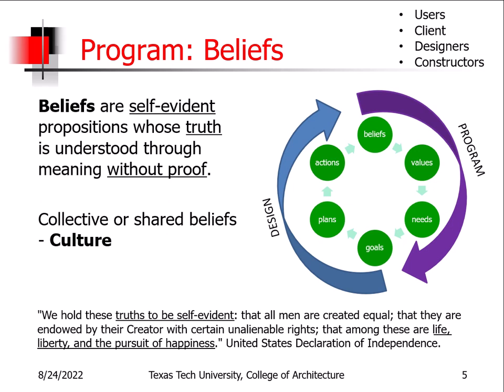They are viewpoints we personally decide we want to think are true, based on personal information and experiences that we've collected over our life. Beliefs are self-evident. In other words, they don't have to come from anywhere. They are self-evident propositions whose truth is understood through meaning without proof, what we call proof in the scientific community.